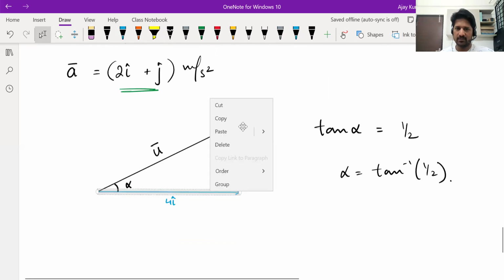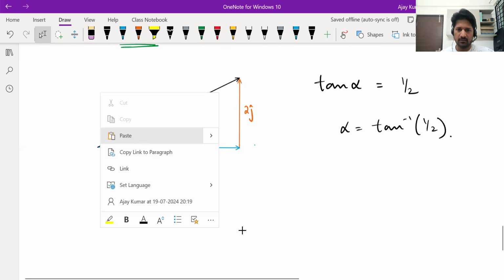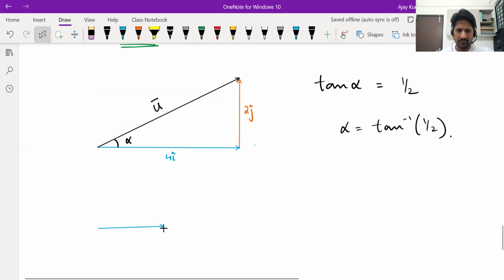Acceleration is 2 i cap plus j cap, no? Now if that is 4 i cap, then 2 i cap would be half of it like this. Same direction, but exactly half. Maybe somewhat like this, 2 i cap plus j cap. If that is 2 j cap, then j cap will be like half of it.